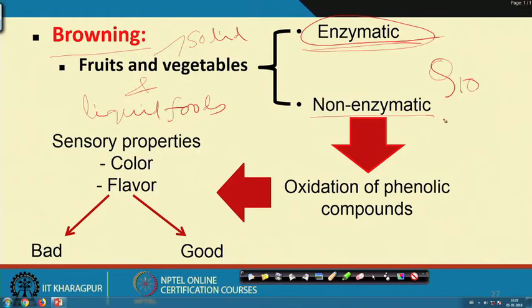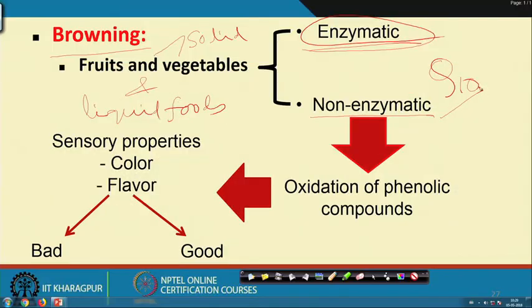This is true for every food material, of any type. So when kheer or payasam was being prepared at high temperature, the rates of the Maillard reaction and caramelization were high, which is why the browning took place. So non-enzymatic, again we divide into two.